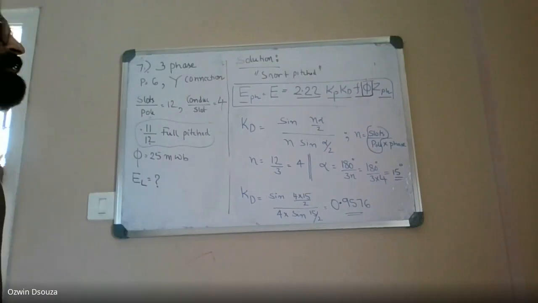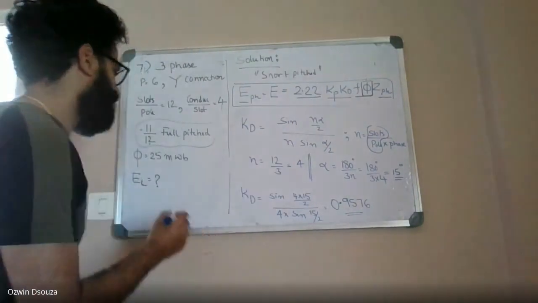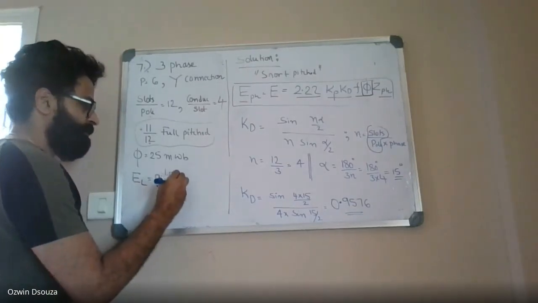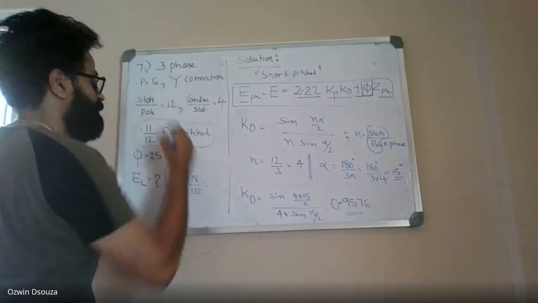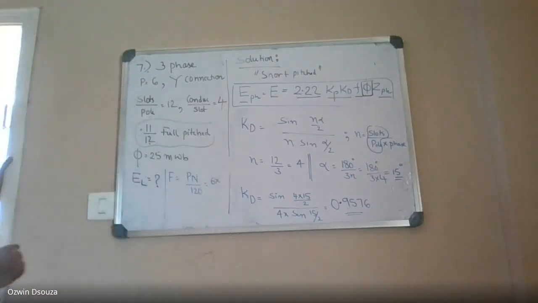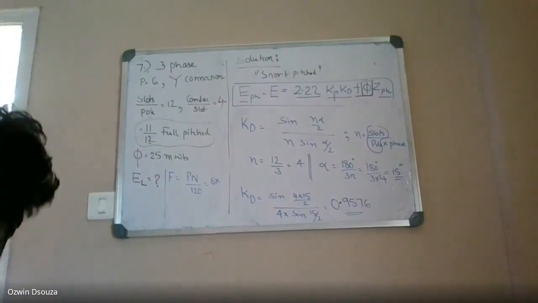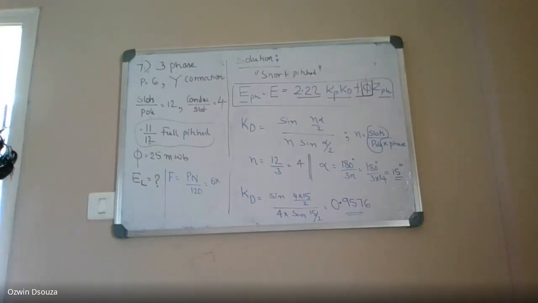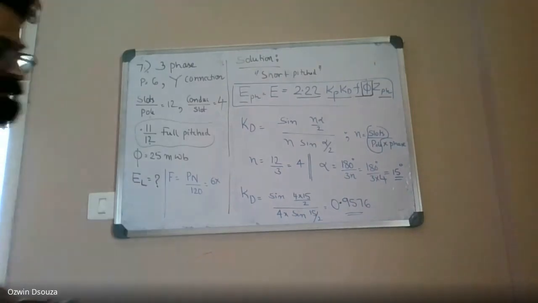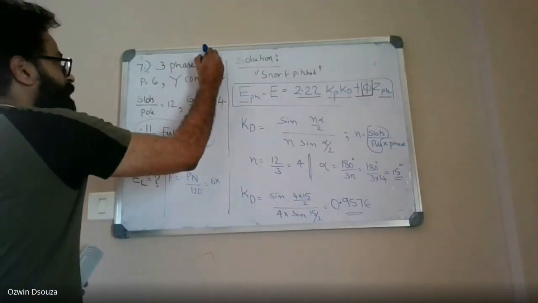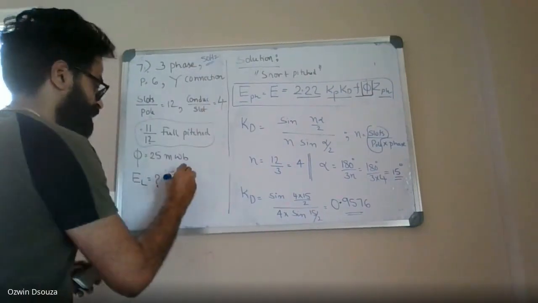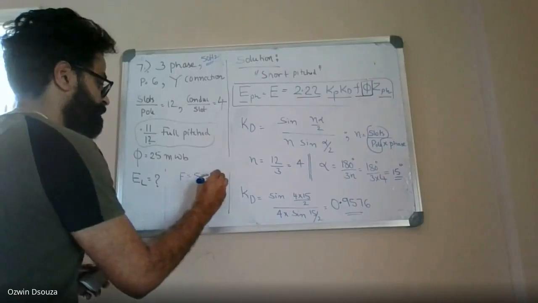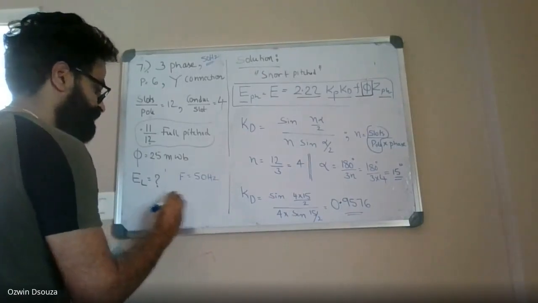Once you have this Kd value, you can directly find the induced EMF. First let us find the frequency: Pn by 120, where P is 6. They have given directly the frequency value, a 6-pole 3-phase star connected 50 hertz alternator. So given frequency is equal to 50 hertz. All you have to find is Z phase.